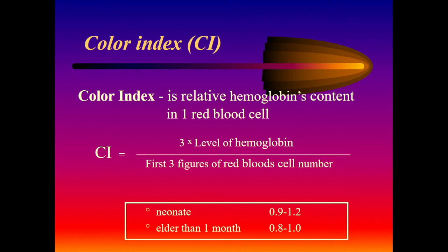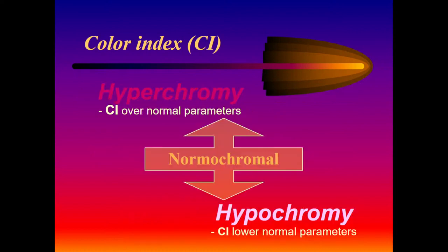Just in the neonatal period it is increased and may be up to 1.2. A color index over the normal parameters is named hyperchromia; a normal color index is normochromia; and if it is below normal parameters, it is hypochromia.